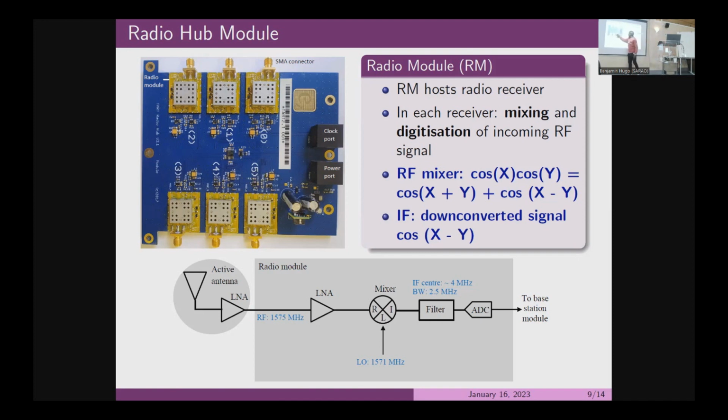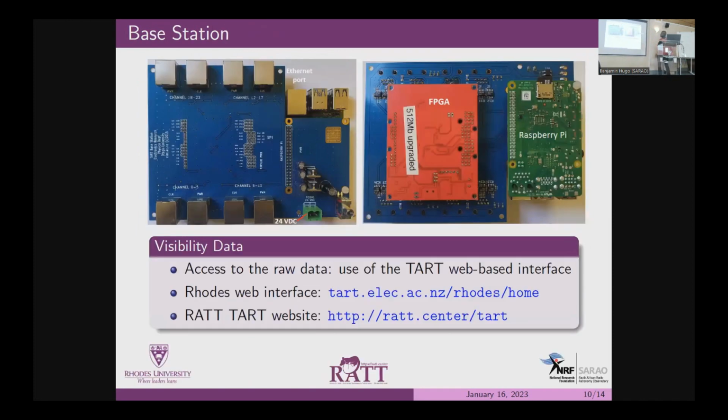So each module has a receiver, and in that receiver the signal gets down converted so that we can better analyze the signal, right? And then we take this into the base station, where we have the FPGA, which I've said what it does, and we have the Raspberry Pi.